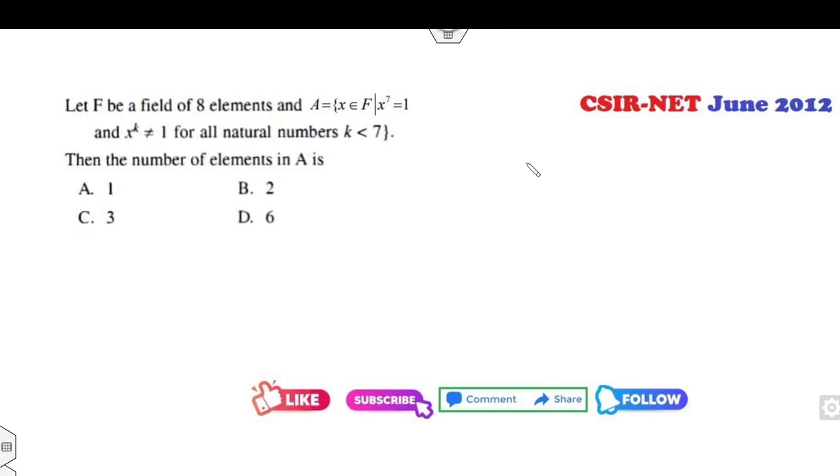Now, F is a field of 8 elements such that this condition holds. That's a very simple approach. What is the shortcut trick for you?